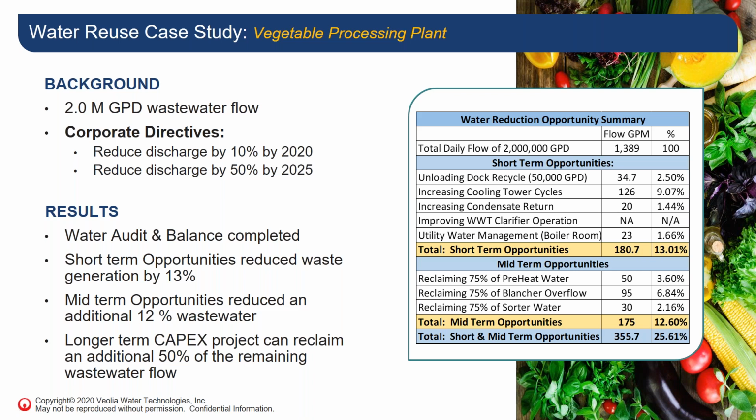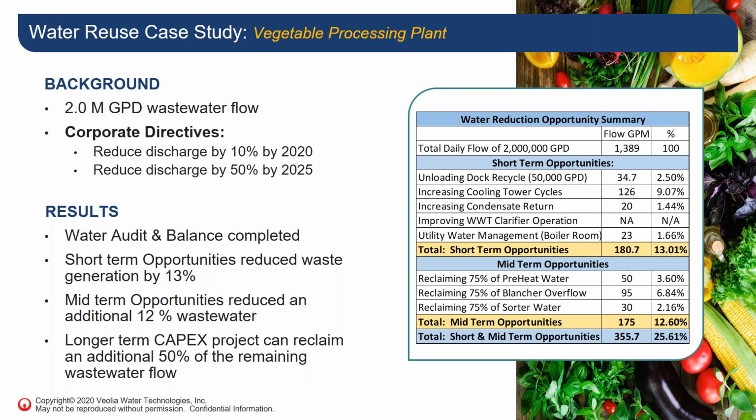So a water audit and balance was completed. These 5 key applications were identified, and as you can see, the largest of those was increasing the cooling tower cycles, and that was done by putting them on a Veolia zero liquid bleed system and cutting off 126 gallons per minute of cooling tower bleed that would otherwise be going to waste treatment. There were also 3 other midterm opportunities that would have required additional testing and some investment that will add to that by an additional 12% of overall water consumption.